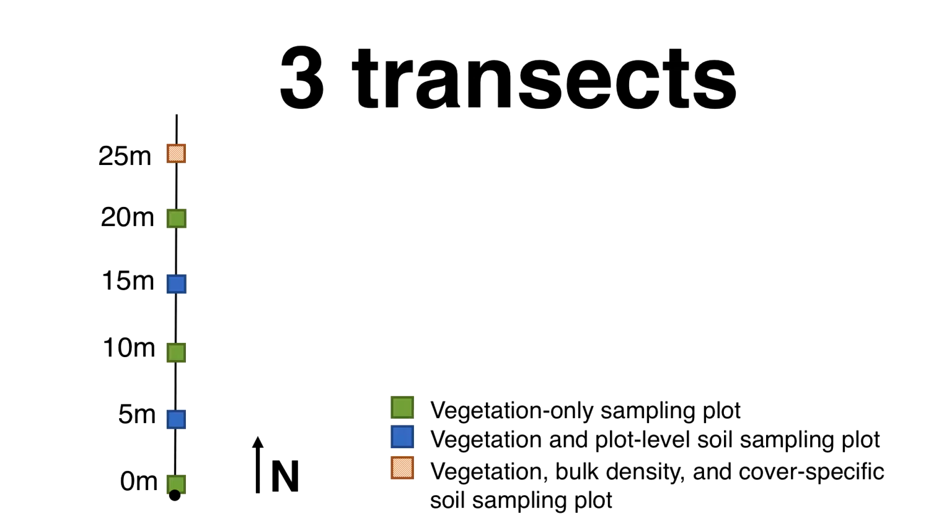So you can see there's just that 1 plot at the 25-meter mark where now, in addition to vegetation sampling, we have bulk density and cover-specific soil sampling. So to recap, for your transect setup, you'll identify the point, lay out your transect, flag out the plots with specific color flags for the different types of sampling in each plot, and then you'll be ready to get started and sampling your plots. All right, now here's the protocol for vegetation sampling.